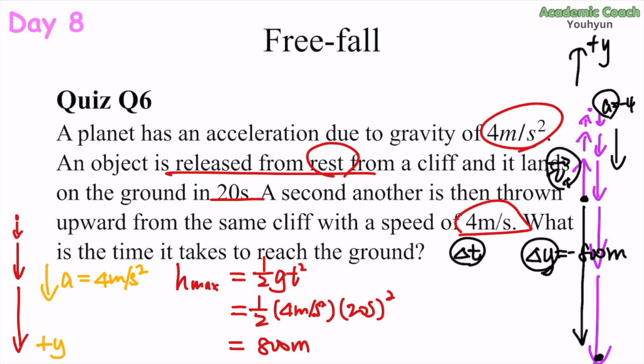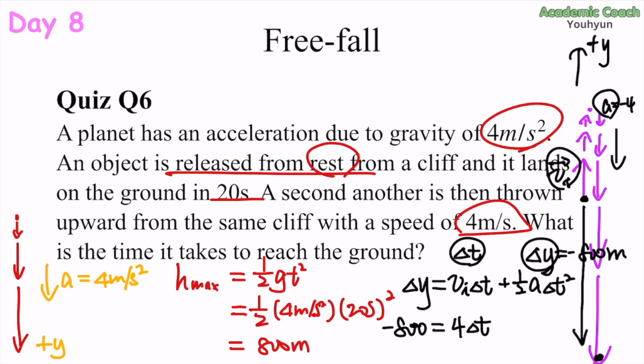Then using one of the four kinematics equations, I should apply kinematics equation 2. Delta y displacement is equal to v initial t plus 1 half a t squared. Now I'm going to plug in all the numbers. Negative 800 is equal to 4 times delta t plus 1 half times negative 4 times delta t squared.